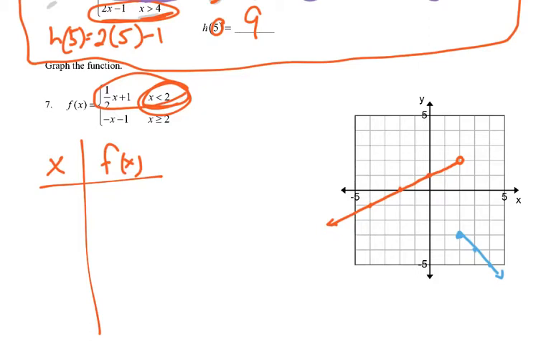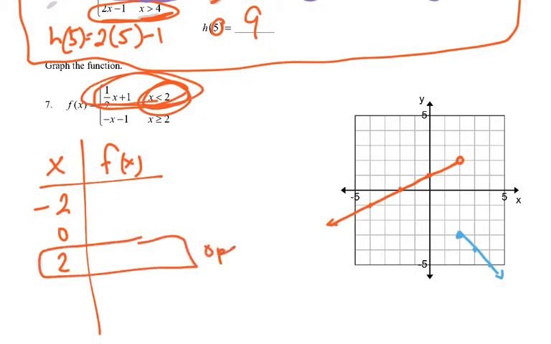Now, if I wasn't sure about that, what I could do is check values for -1. Actually, because it's 1/2, I might be selective and say, check x values for -2, 0, and then check the value at 2 for the red part, just so I can get my open circle. So for these 3 values, I would use the 1/2 x plus 1.